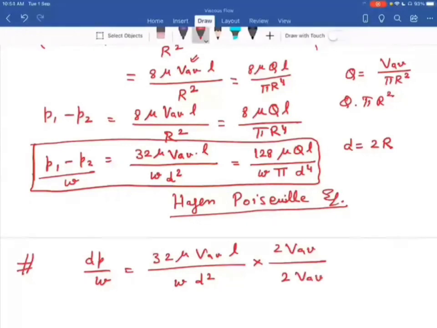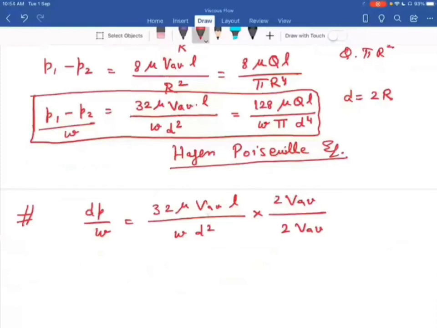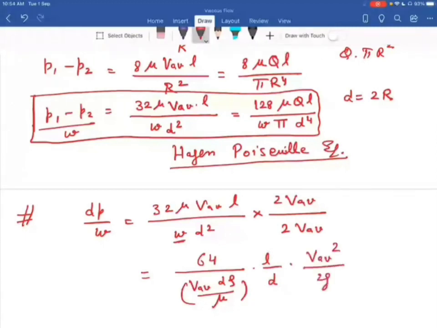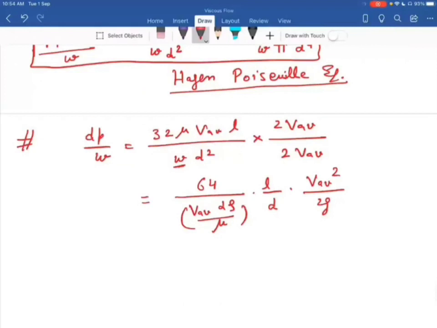Now I rearrange the terms on the right hand side, so I write it as 64 divided by V average D rho by mu, where W is rho G, into L by D into V average square divided by 2G. Compare it with hf equals 4 f L V square divided by 2 G D.